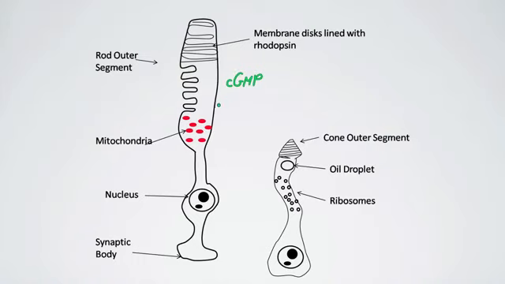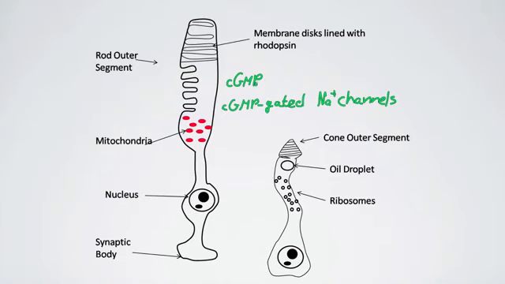And what that does is it opens up, and this is going to sound a little different than what we've looked at in the past, but cyclic GMP gated sodium channels. All right, so this is not a voltage gated sodium channel. This is a cyclic GMP gated sodium channel.